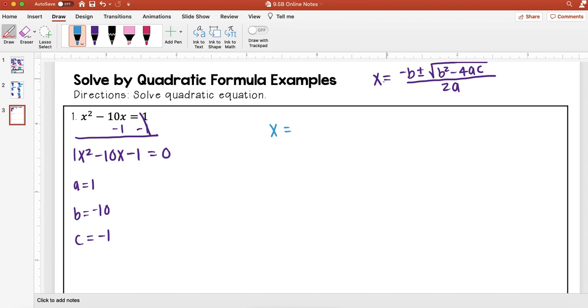So x is equal to negative b. Here b is negative 10, so I'm going to replace that in parentheses here, plus or minus the square root of b squared, which again b is negative 10, and I put that in parentheses, minus 4 times a, which is 1, times c, which is negative 1, all over 2 times a, which is 1.